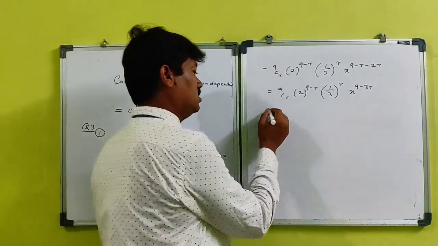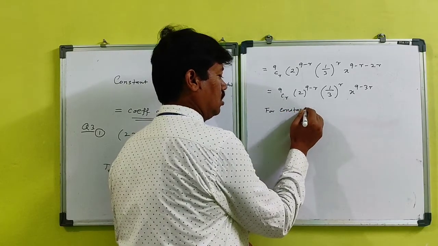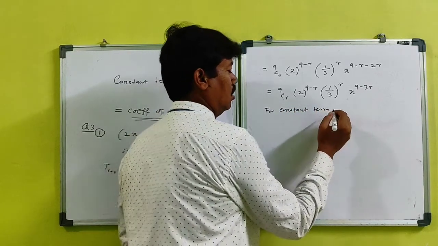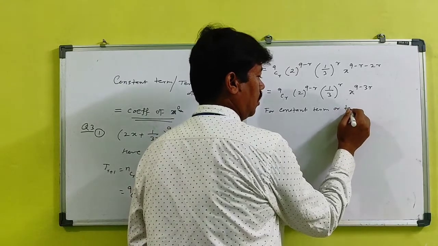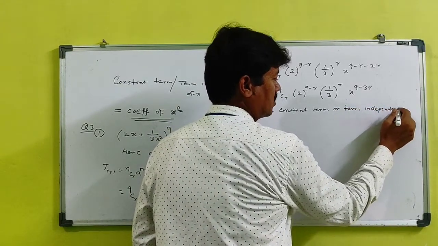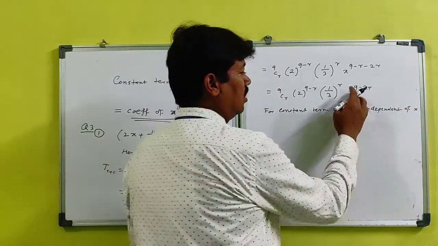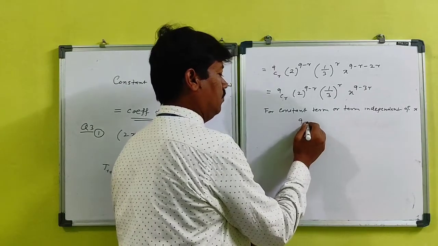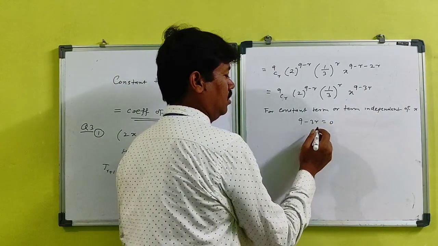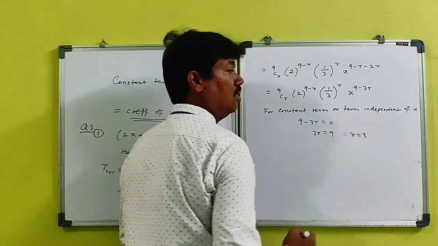For the constant term or term independent of x, what to do? You have to equate this power with 0. Therefore 3r is equal to 9, so r is equal to 3.